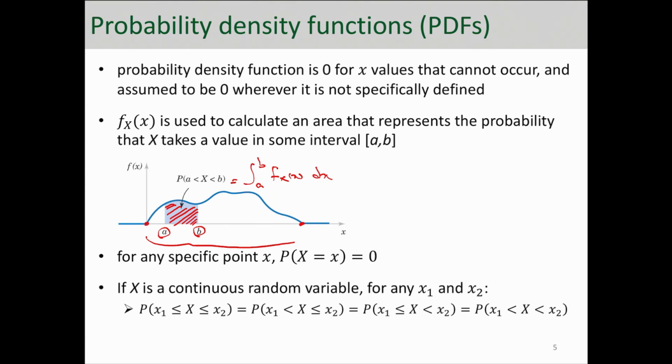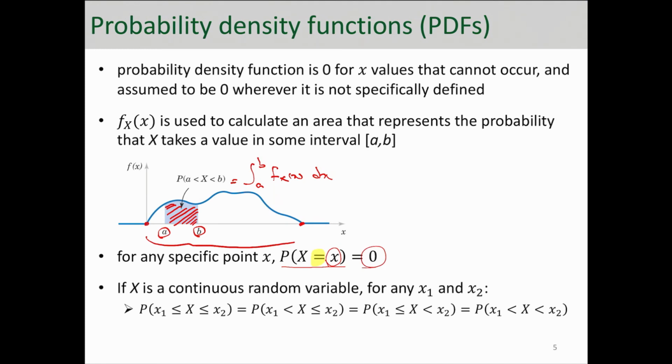Since that's how we calculate probabilities for continuous variables, I want to emphasize the equality sign here: if you're calculating the probability of x equal to any number, that probability is 0 for continuous random variables.